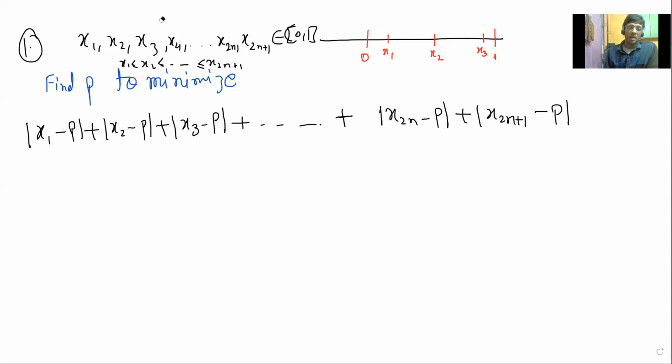So the claim, and obviously all of you can guess, is that P equals x2n. No, not xn. That's the middle one, right? The claim is that this is where it minimizes. So we want to explain that.